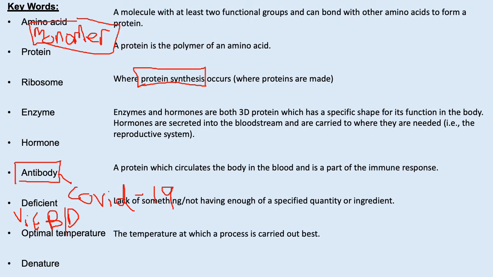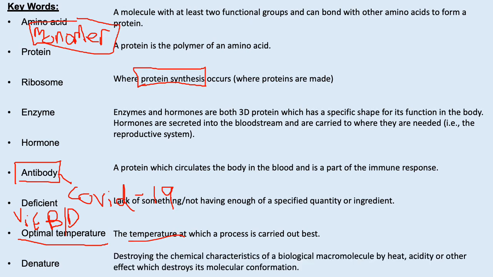Optimal temperature is the temperature at which a process is carried out best. Now, this is extremely important for proteins, enzymes, and hormones because they only work at a specific temperature, within a couple of degrees Celsius. So if you go above that, they will denature, which is the next keyword.